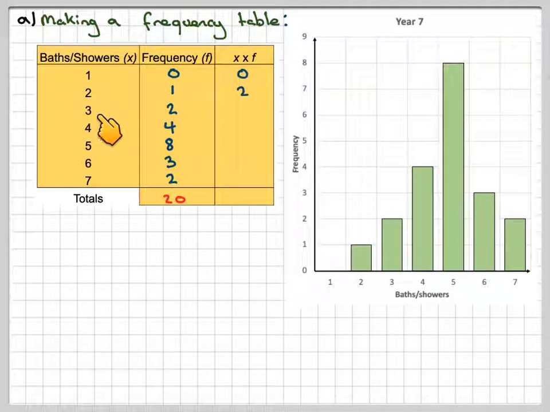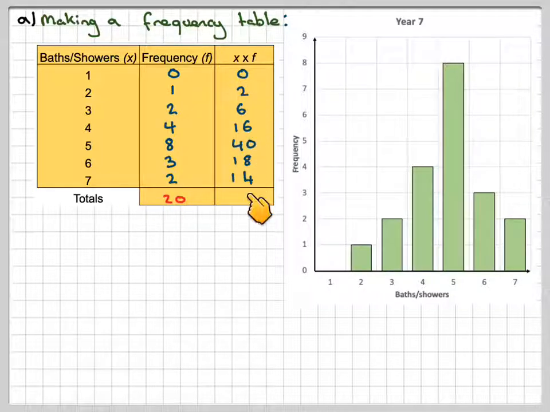Here we have 3 showers taken by 2 people, so the number of showers altogether will be 3 times 2. And the same idea here, 4 showers taken by 4 people, so it'll be 4 times 4, that's 16 showers altogether. Carrying that process on, we get 5 times 8, 6 times 3, and then 7 times 2, which is 14.